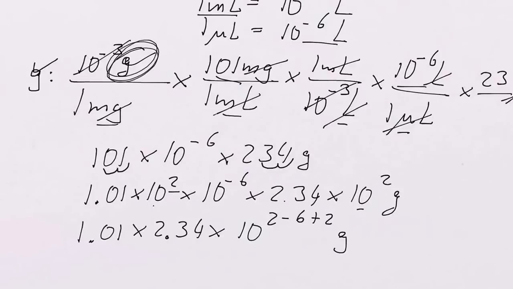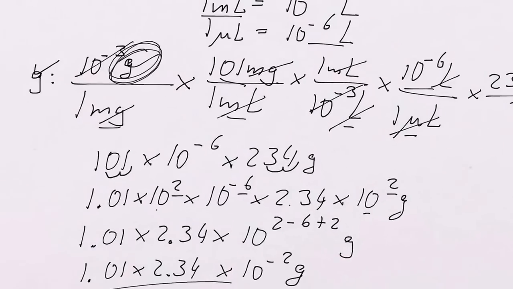So I just use these exponents here. So that gives me 2 plus 2 gives 4, minus 6 gives me times 10 to the minus 2 gram. And this one here you can calculate easily yourself.